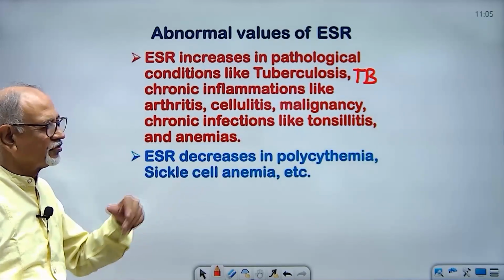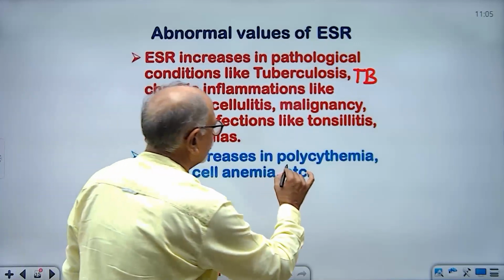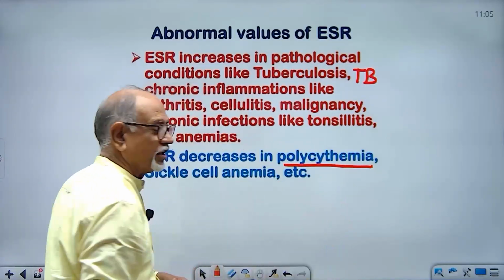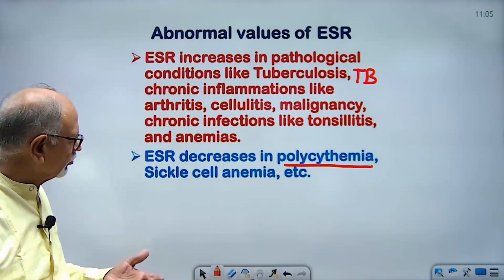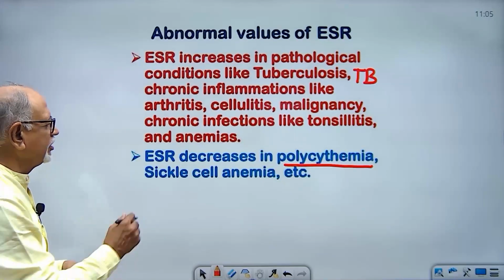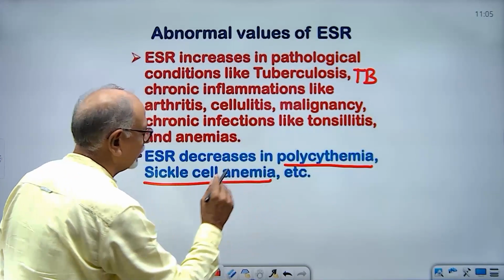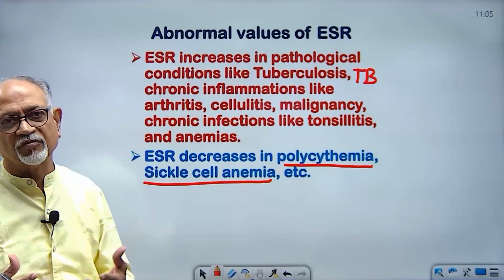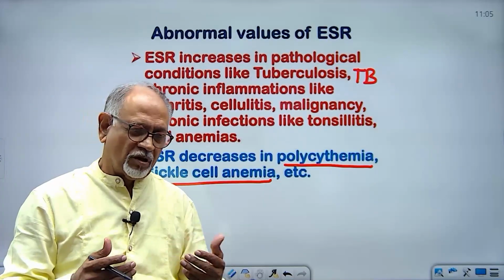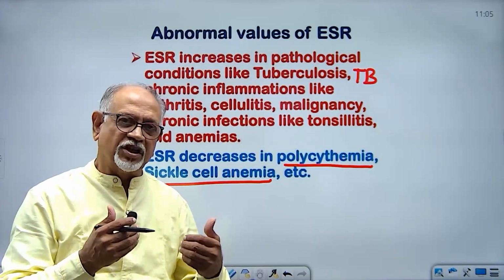ESR decreases in case of polycythemia, when the number of RBC abnormally increases, and in case of sickle cell anemia, when the RBCs become abnormal, having a shape like a sickle.